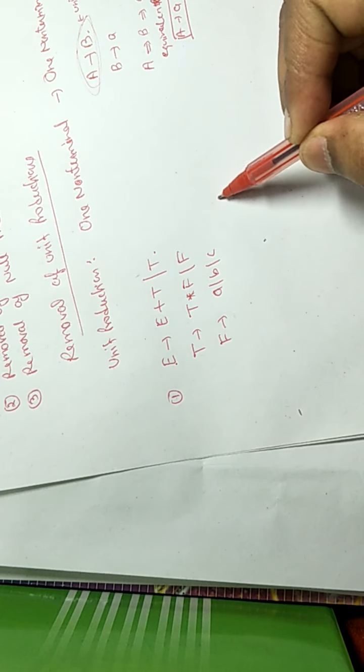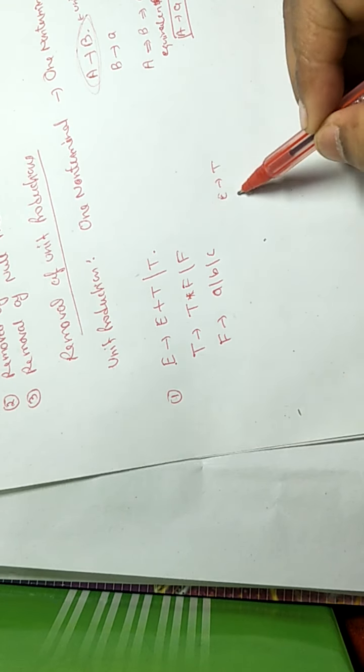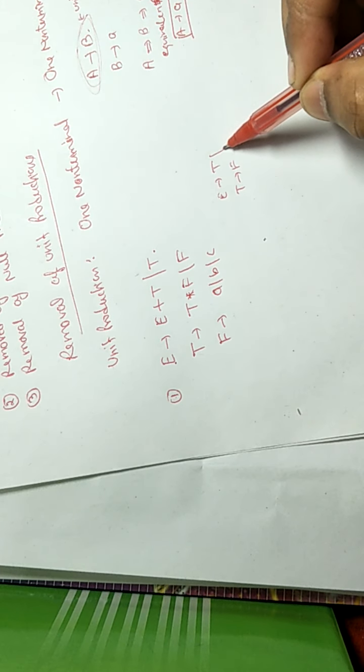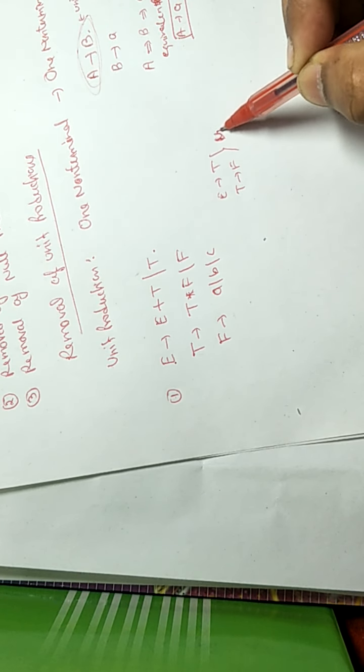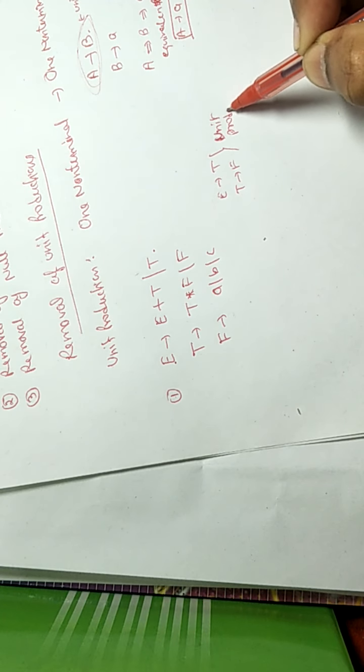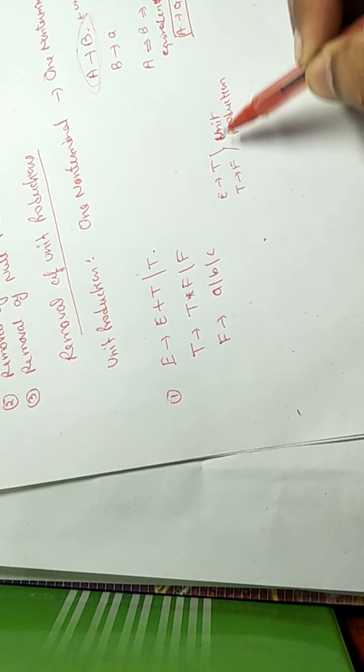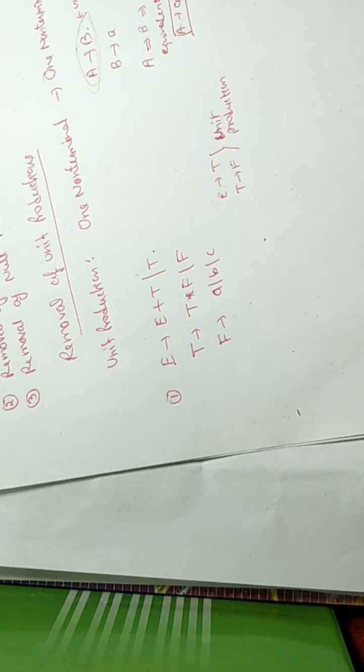We have E tends to T and T tends to F. These are unit productions and we are interested in removing these two productions.